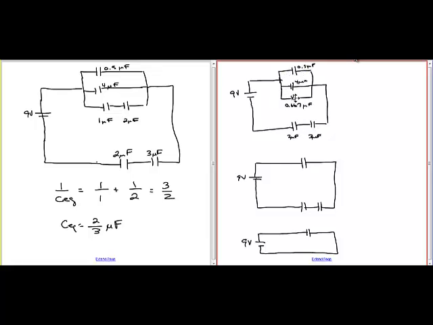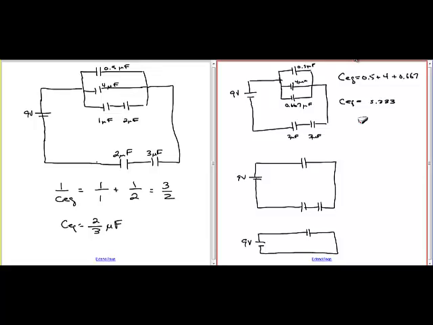Okay, so now what we're going to do is we're going to combine these 3 into this one. Because they're in parallel, all we have to do is add them together. So we have 0.5 plus 4 plus 0.667. And so the equivalent capacitance of those 3 will be 5.333, I think. 4 plus 0.5 plus 0.6666666.